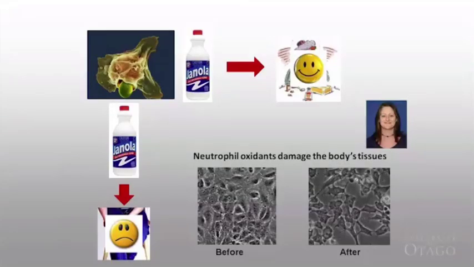This is Stephanie Bozonet, who's been looking at how these oxidants affect the walls of our blood vessels. In the case of atherosclerosis, the cells that line the walls of our blood vessels, there's a normal tissue here, and you can see that these cells here are looking pretty knackered. So we're looking at the way that these oxidants cause damage and what we can do to prevent it, if anything.